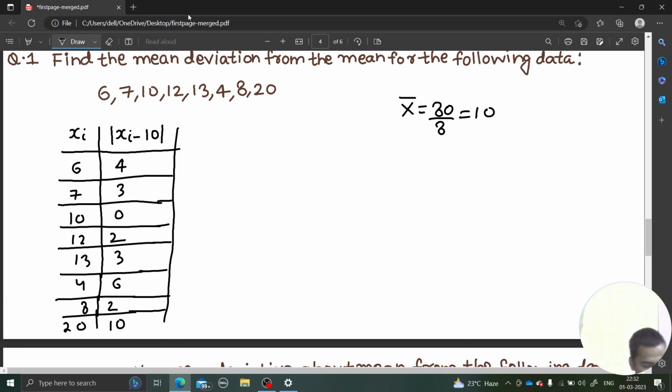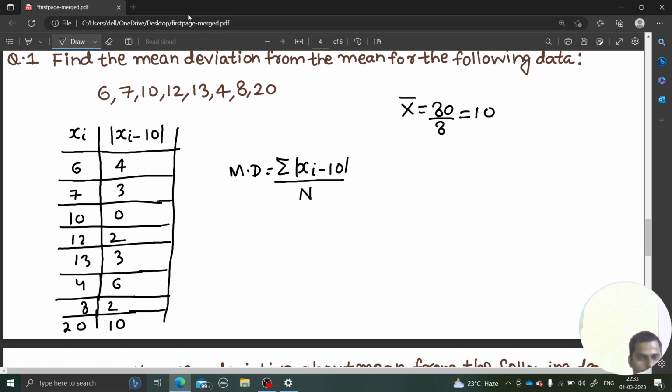Our mean deviation formula is: whatever you have calculated, xi minus 10, you take its summation, and divide by the number of terms.